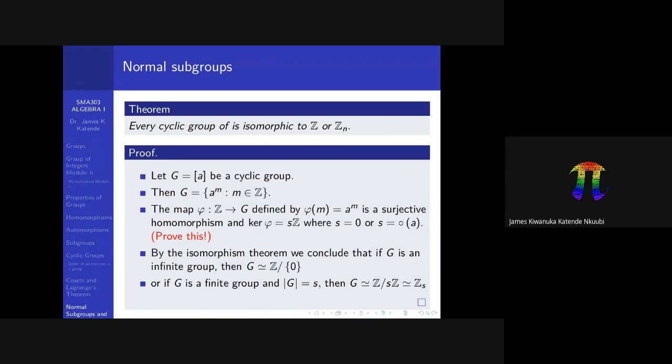So we have checked both cases. When G is an infinite cyclic group, it will be isomorphic to this factor group, which is also isomorphic to Z, the group of integers.